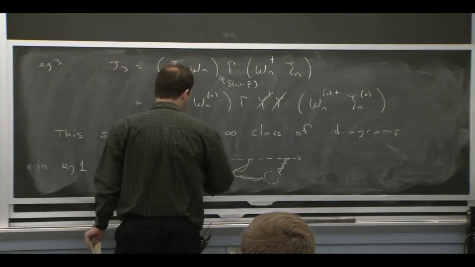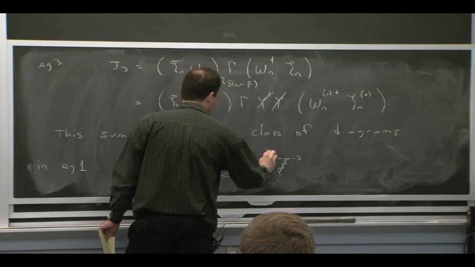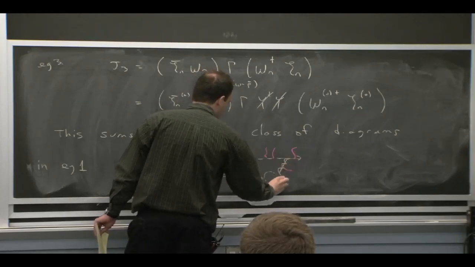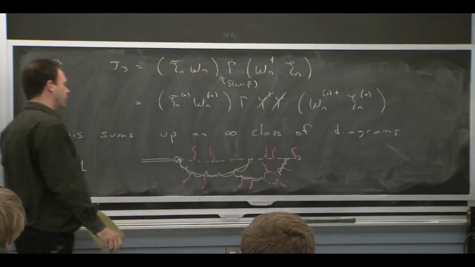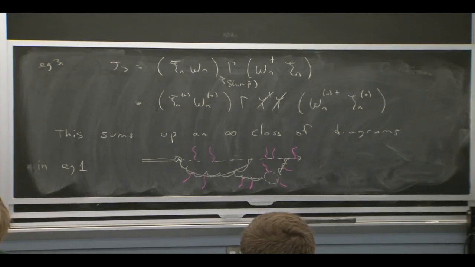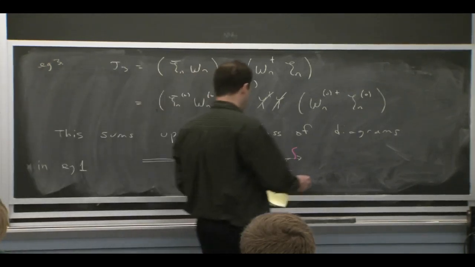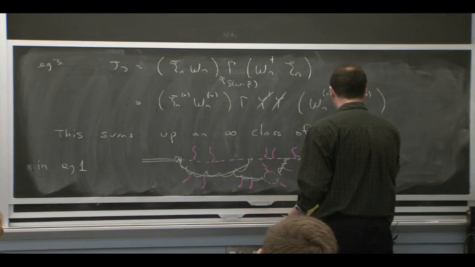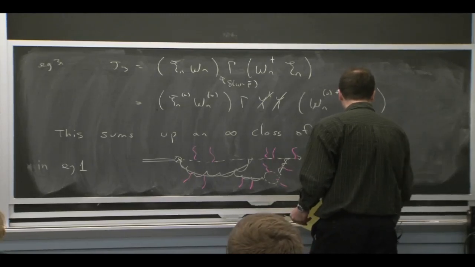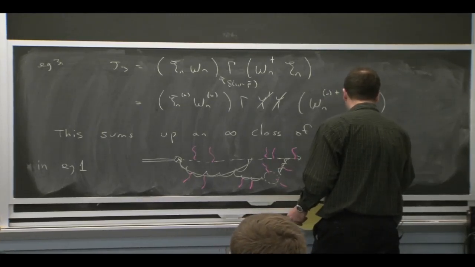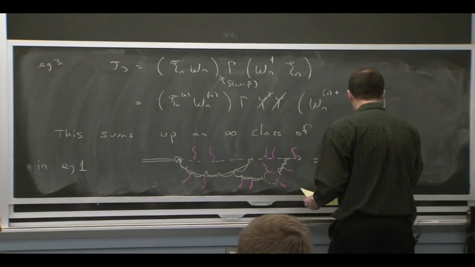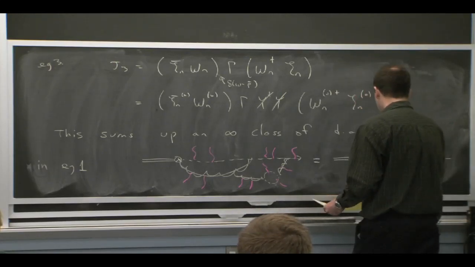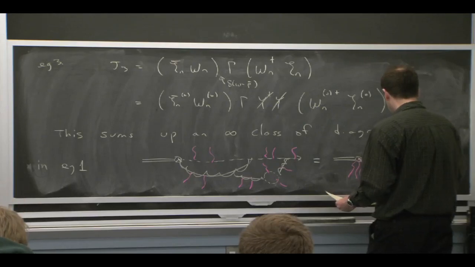If we consider all the ultrasoft gluons coupling to the collinear particles everywhere, and we add up all those attachments, then it just becomes a single Wilson line, times exactly the same collinear structure.